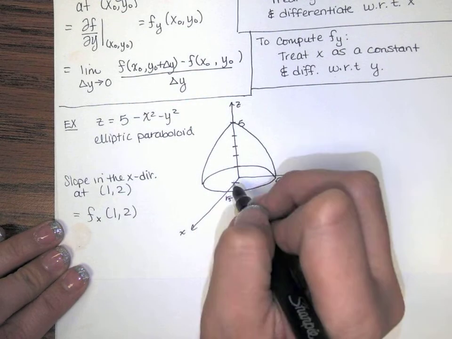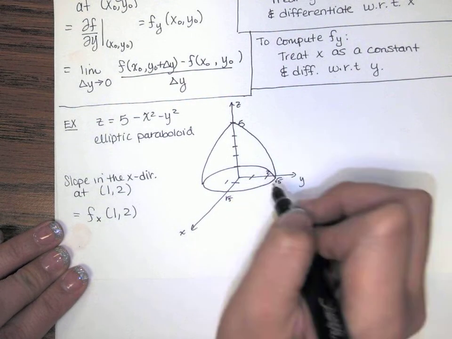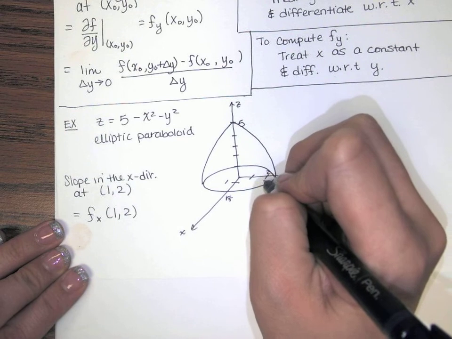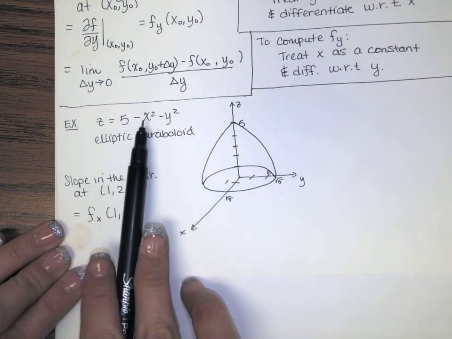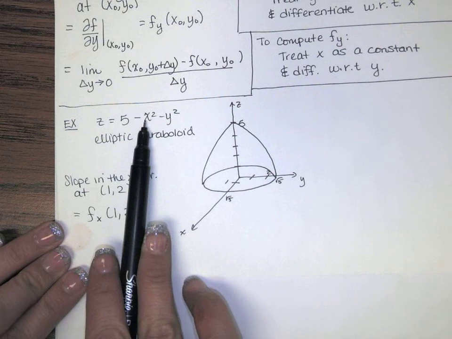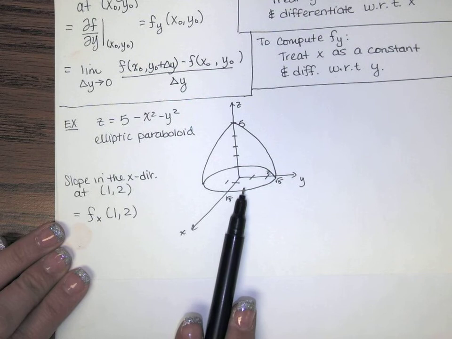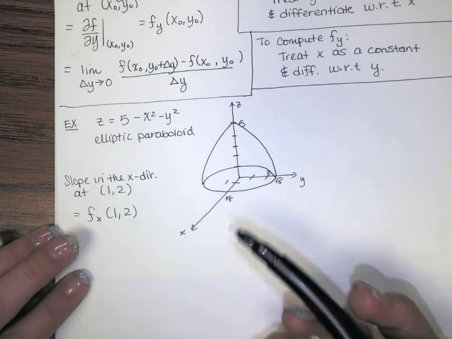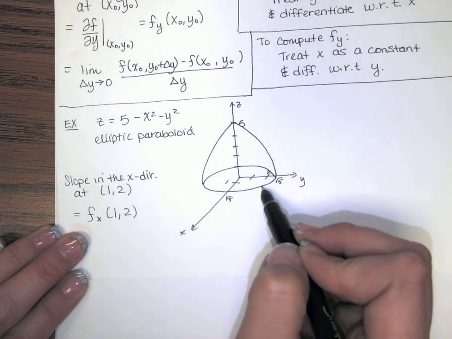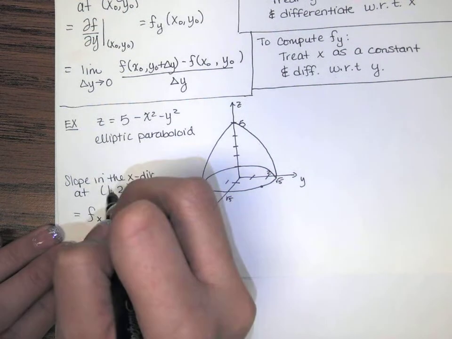So I go 1 unit in the x direction, 2 units in the y direction, and I find that point on the surface. When x equals 1 and y equals 2, we've got 5 minus 1 squared minus 2 squared. Wait a minute. z equals 0, so we're actually going to be right there. I don't want that point. Let's plug in a different point.